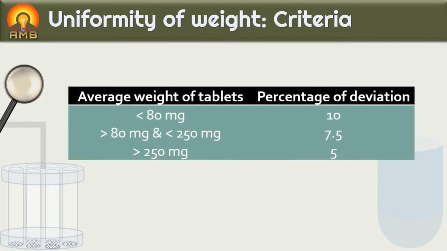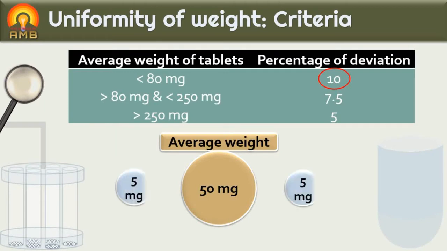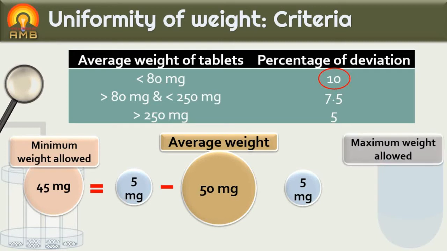Suppose the average weight of 20 tablets is 50 milligram. In this case, the percentage deviation allowed is 10%. 10% of 50 mg means 5 mg. So the minimum tablet weight allowed is 50 minus 5, which is equal to 45 mg, and the maximum tablet weight allowed is 50 plus 5, that is 55 mg.